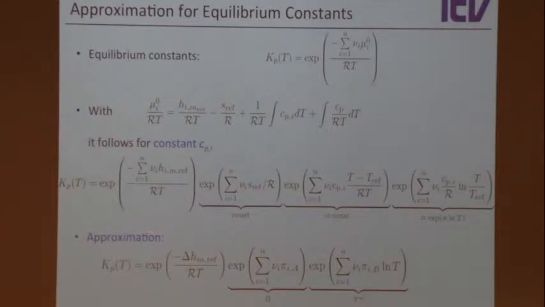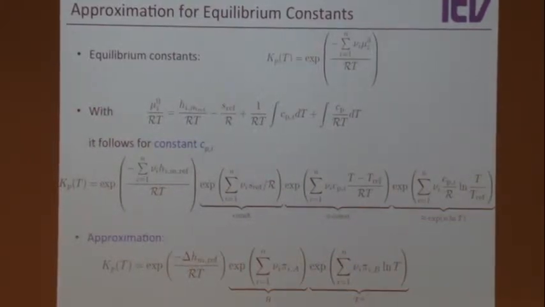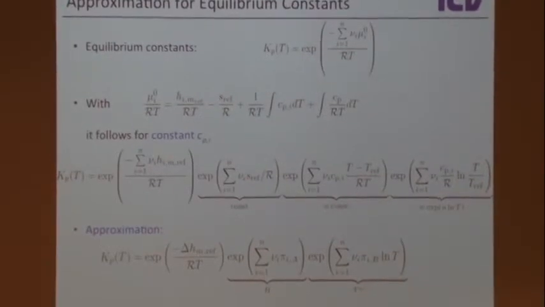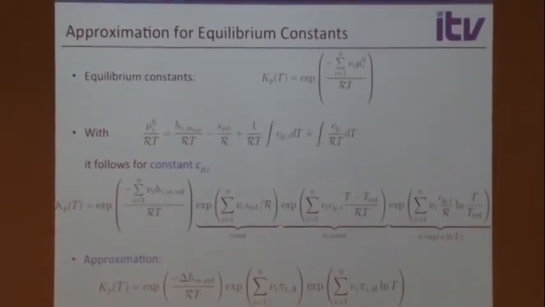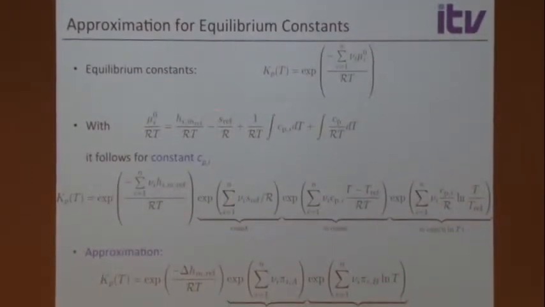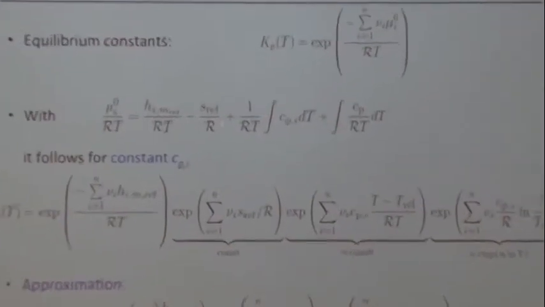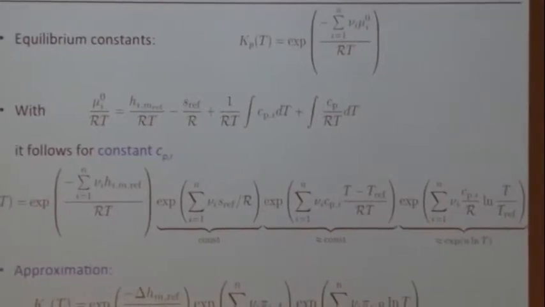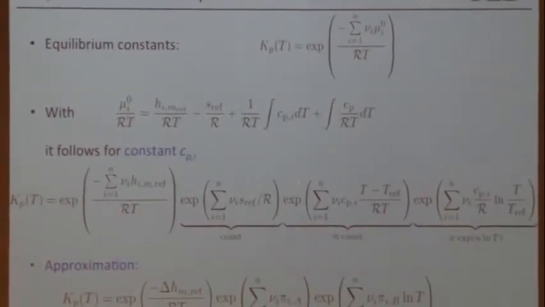Let's keep this. Not much we can do about this. Then here we have a term that is S ref divided by R. This basically is a constant, okay? So you see the temperature goes away by dividing by RT. So this basically is a constant. This here now, we need to do an approximation.